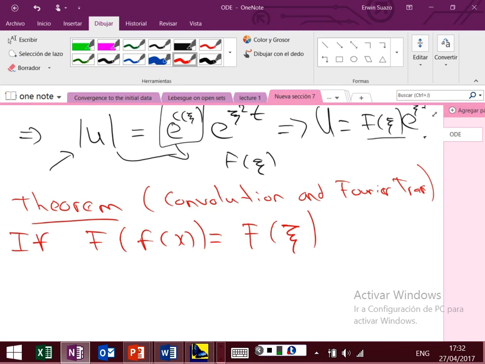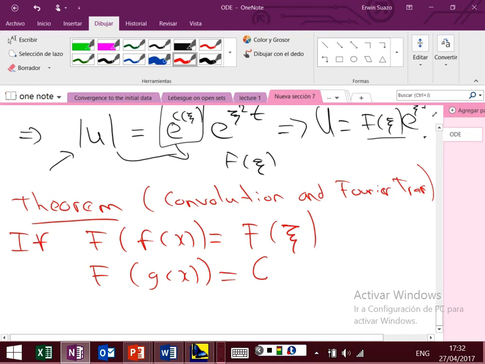With the Laplace transform, you transform the ordinary differential equation into a college algebra equation. You solve your algebra equation, then you apply the inverse Laplace transform, and then you obtain your solution. The same route, but instead of using an ODE, you use college algebra, and that's it. So suppose this is true, and the Fourier transform of g of x, I'm just going to call it g hat of theta.